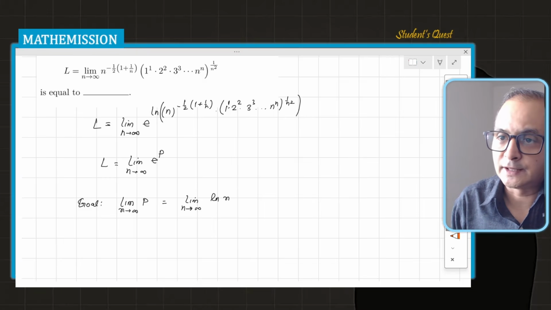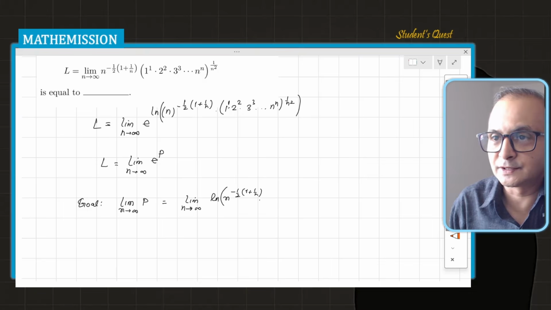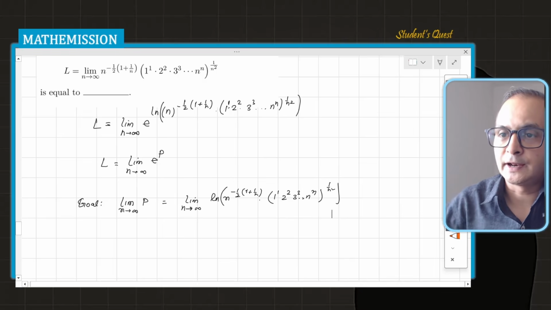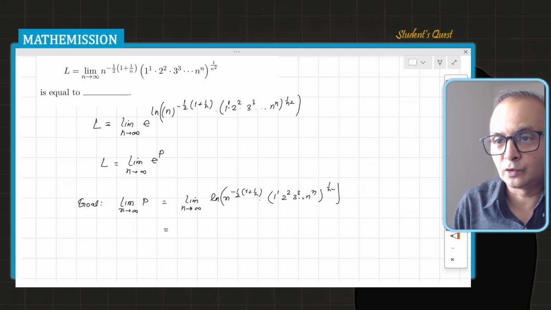Now you notice that after telling this much story, I have to do the real solution. So let me first write it. All right. So this we got, and now after taking log, what do I get? This minus 1 by 2, 1 plus 1 by n will jump off from the log.